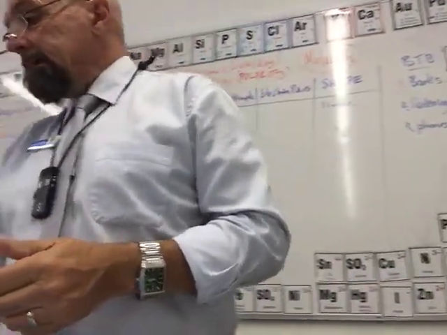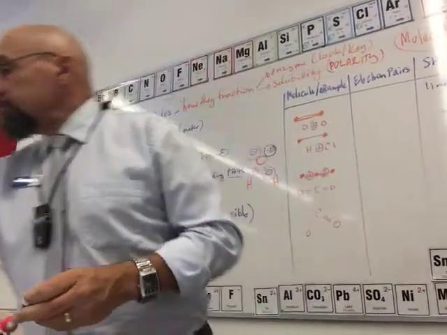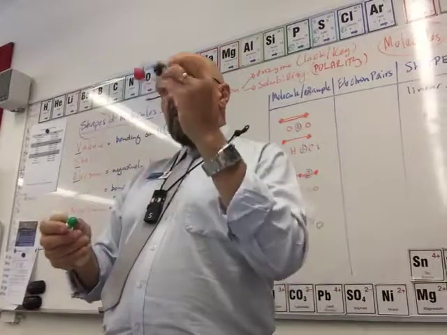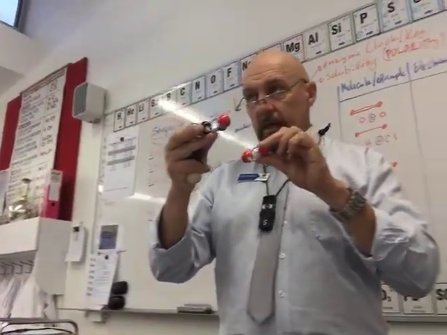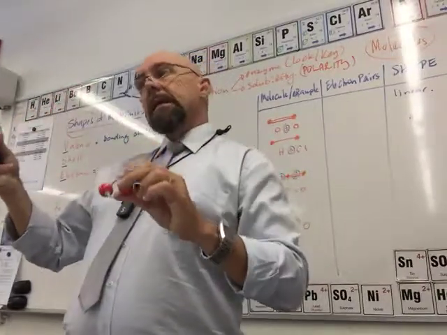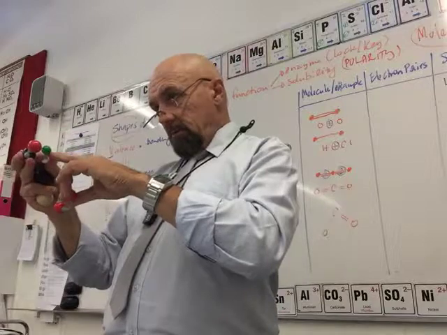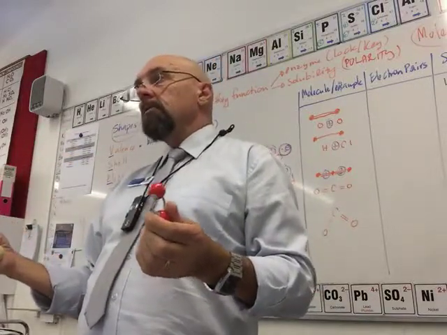Now, that is all our linear structures. So we've got HCl, here it is, carbon dioxide, or oxygen. Any molecule that is a simple, either two groups or one, has to be linear. It can't be anything else.